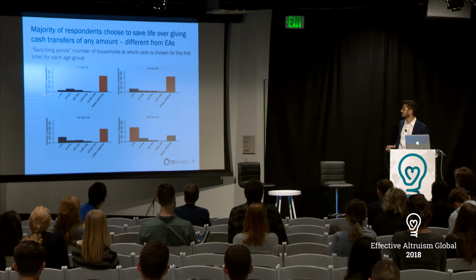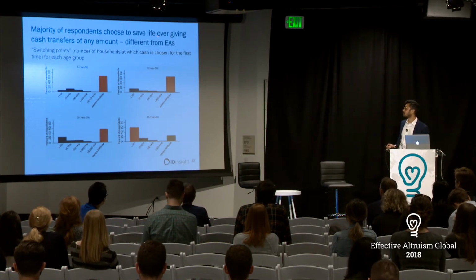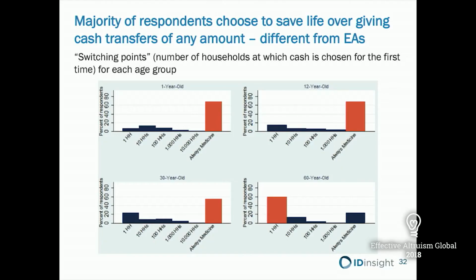And what we find is that most respondents in rural eastern Kenya choose to save the life over giving cash transfers of any amount. So what we find here is that whether it's saving the life of a 1-year-old, 12-year-old, or 30-year-old, over 60% of respondents say that you should always use the medicine, even if it means spending $10 million on that. And you could have given 10,000 households a $1,000 transfer.